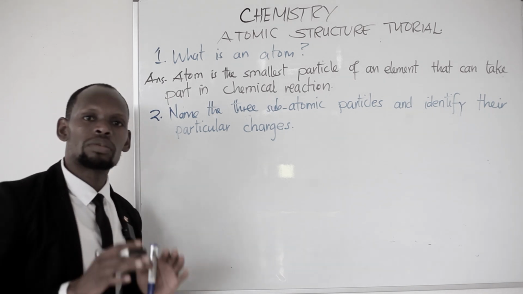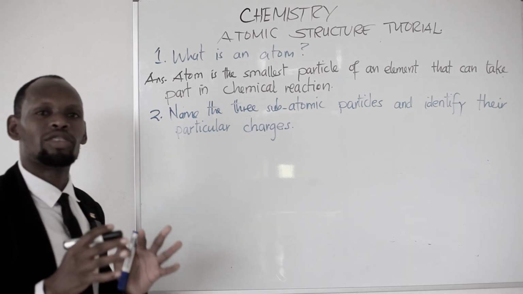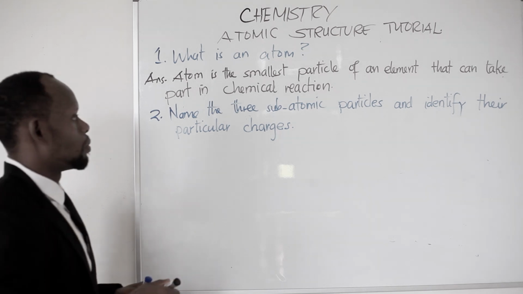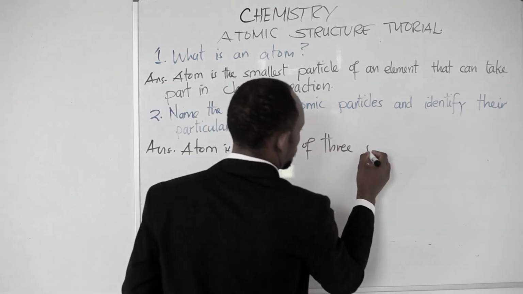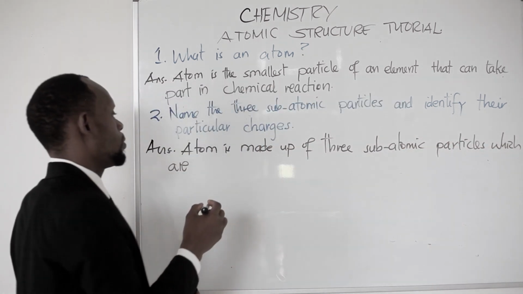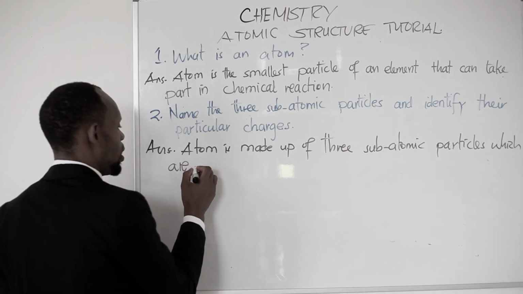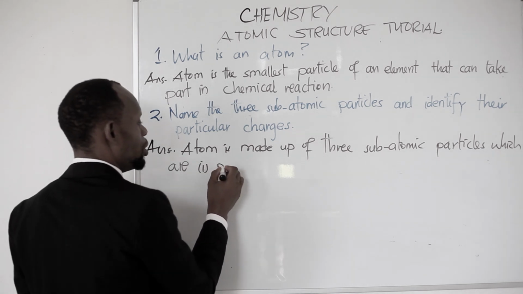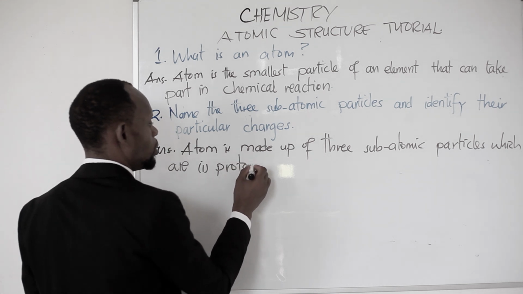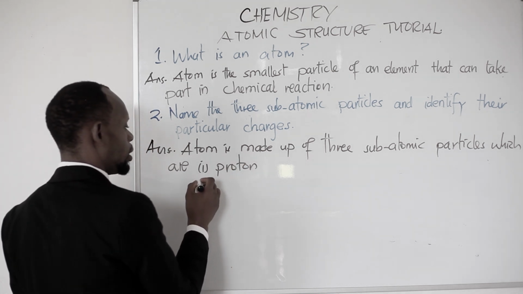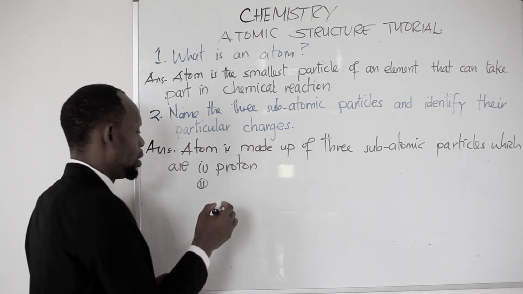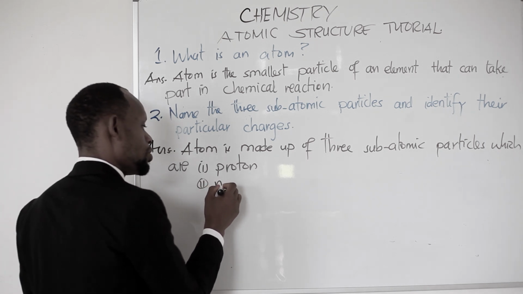The atom is made up of 3 subatomic particles, which are, number 1, the proton, and the second particle, the neutron.